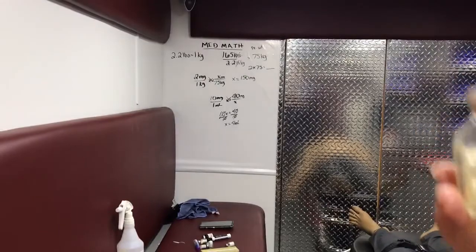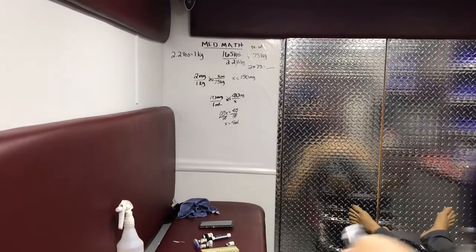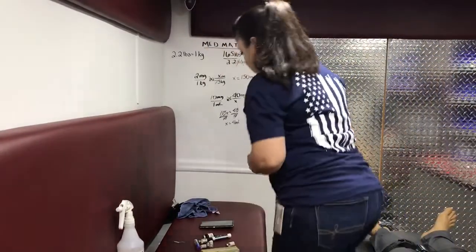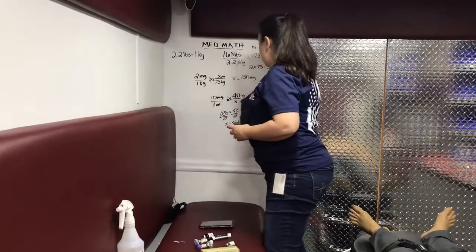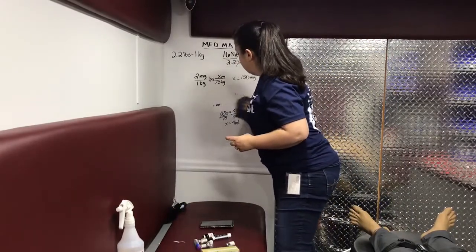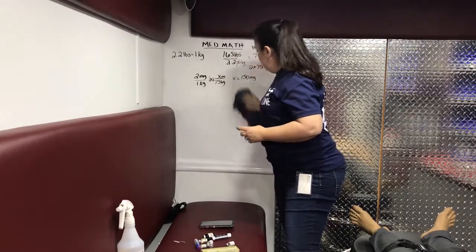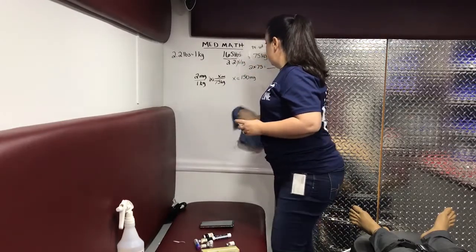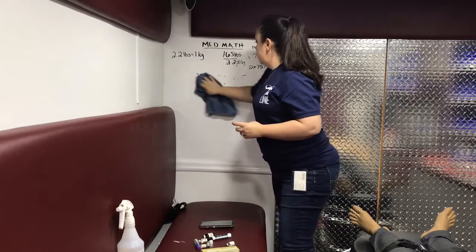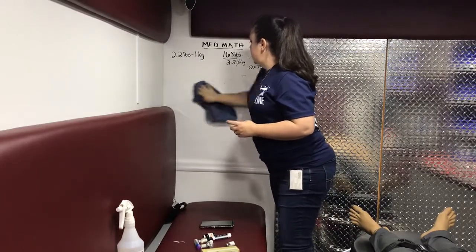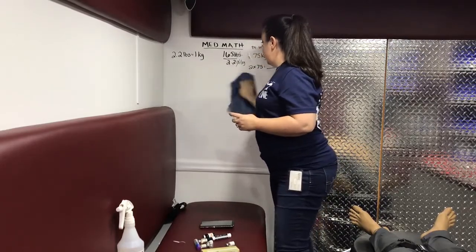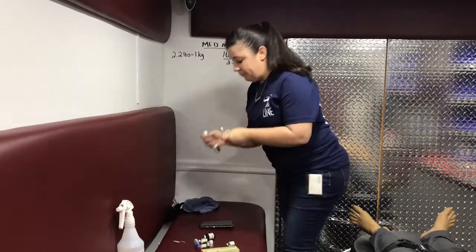So let's go over here to the board and let's do the math on that. That way you can see, again, how this is going to work. So let's get rid of all of this, in the interest of saving time.